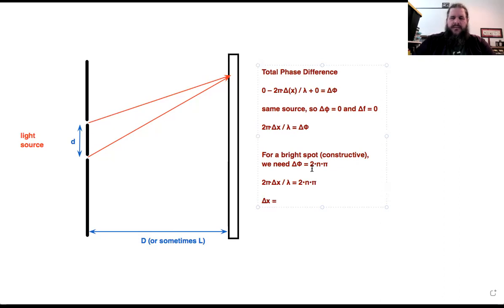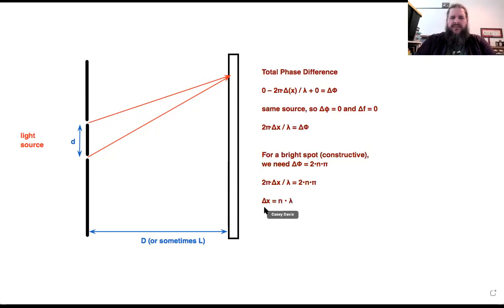So that's lambda times n. Yeah, the 2 pi's cancel out, and we just get lambda times n, or n times lambda. In other words, a whole number of wavelengths. If the difference between the short path and the long path is a whole number of wavelengths, that means they're offset by a whole number of cycles, so we get constructive interference.